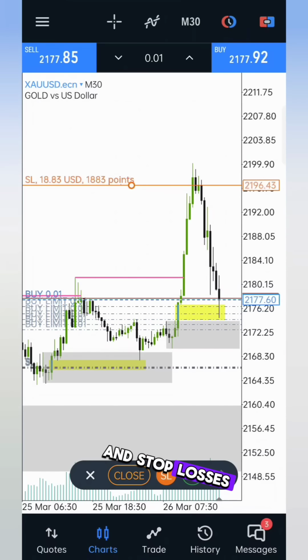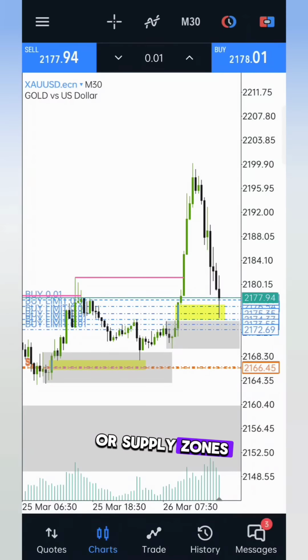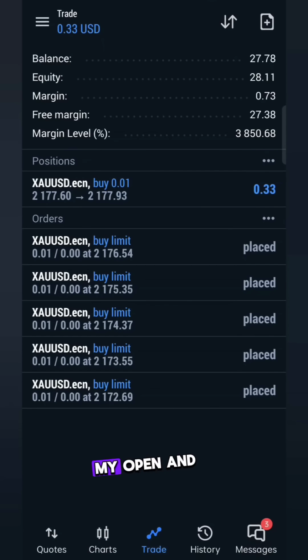And, stop losses should be below either the demand or supply zones. Guys, here are all of my open and pending orders. Let's see what happens next.